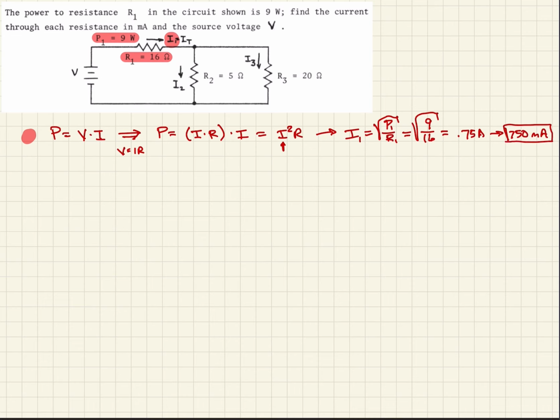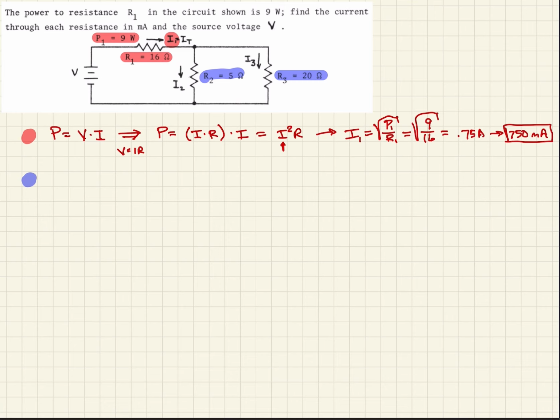We've calculated that. Now we're going to need to come up with an equivalent resistance for R2 and R3, because we want to utilize our knowledge of a current divider. To do that, we see that that's just two resistors in parallel.